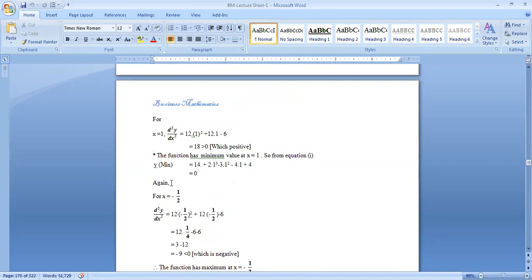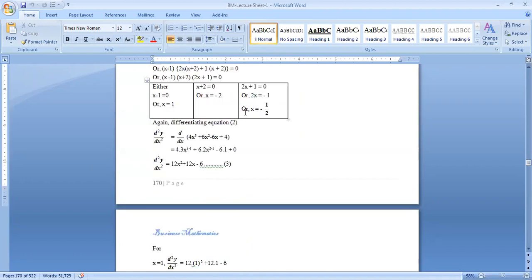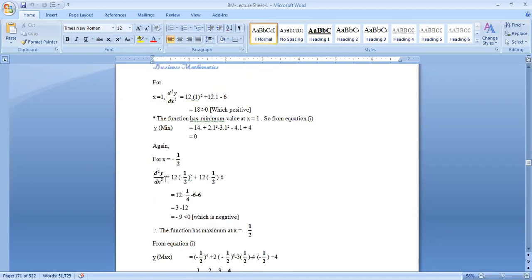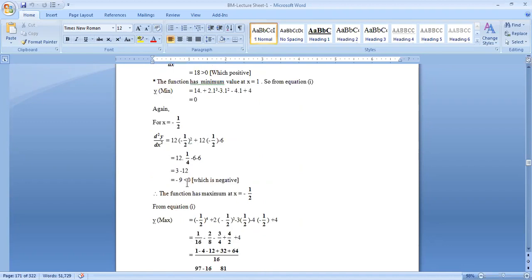The minimum value will be 0. Again we test another point, x equals minus half. Putting x equals minus half in the second derivative, we get a negative value, minus 9. Negative means the function has a maximum value at x equals minus half. If negative, maximum; if positive, minimum. Remember it.